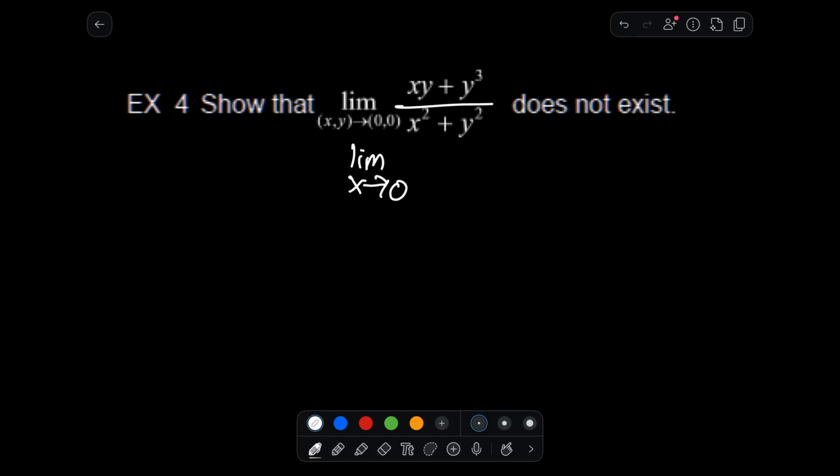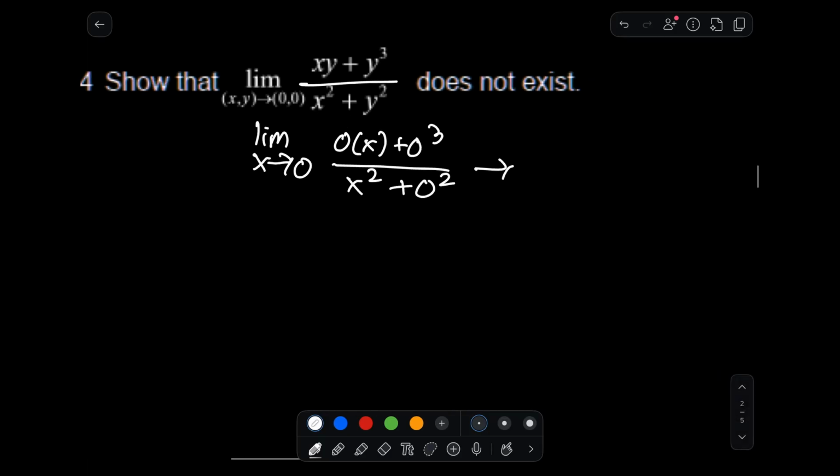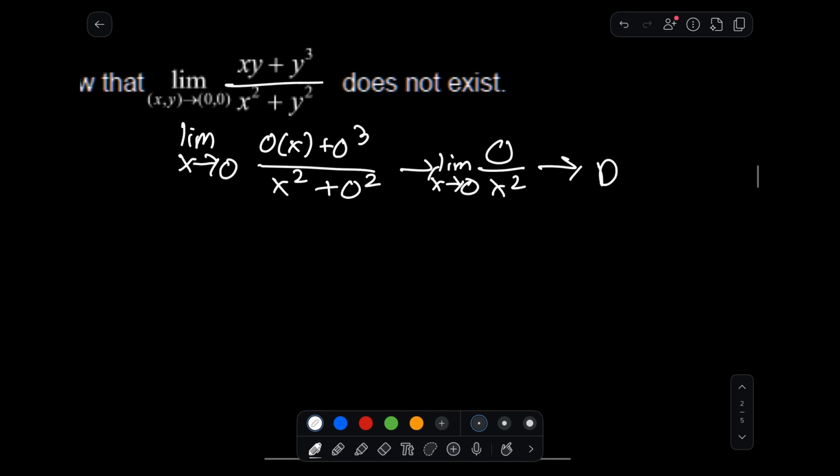So it'd be 0 times x plus 0 cubed over x squared plus 0 squared, so 0 over x squared, limit as x approaches 0. This is going to go to 0, right?